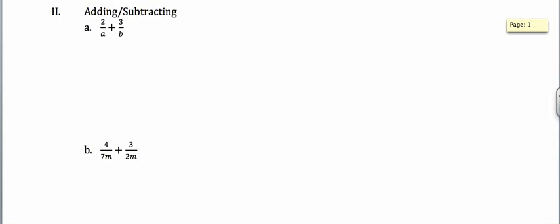When variables are involved, we need to figure out what the least common multiple of the denominators is. That's what our whole last lesson was about, finding the least common multiple. So what is the least common multiple of A and B? Well, it needs an A and a B, so it's going to be AB.